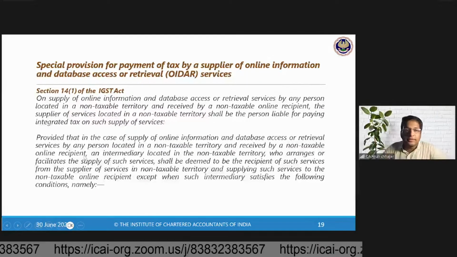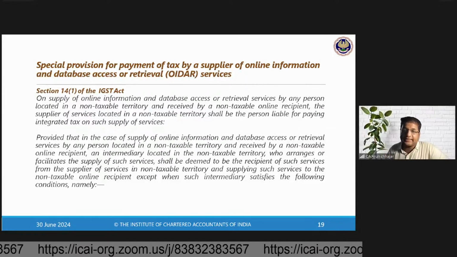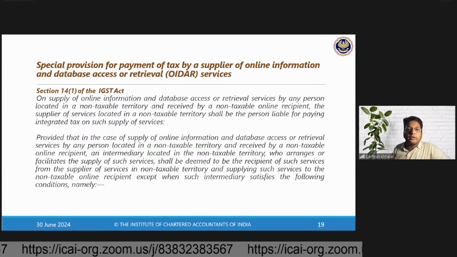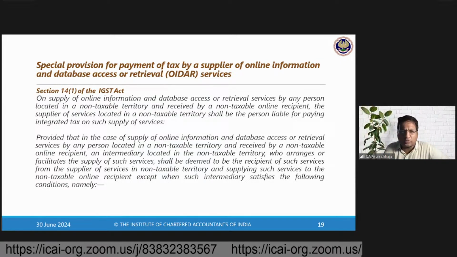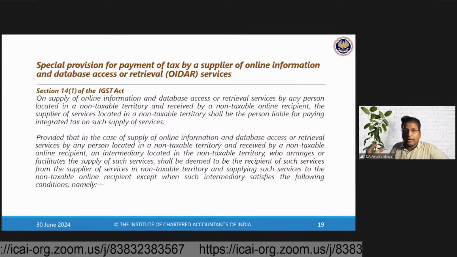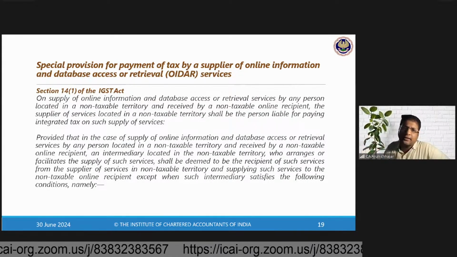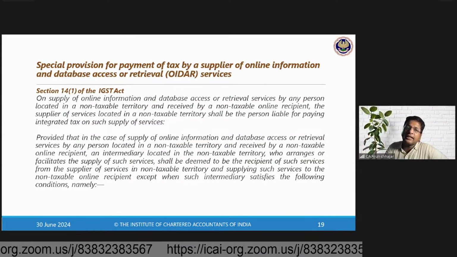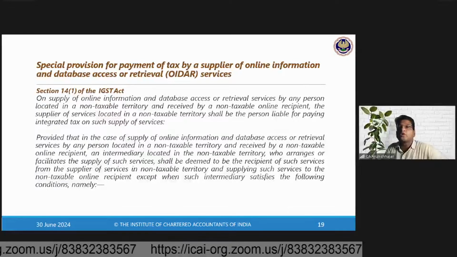That is Section 14 of the IGST Act. So suppose your supplier is godaddy.com, I'm taking one example, and I am purchasing a certain domain. Let's say www.arunchajer.com.